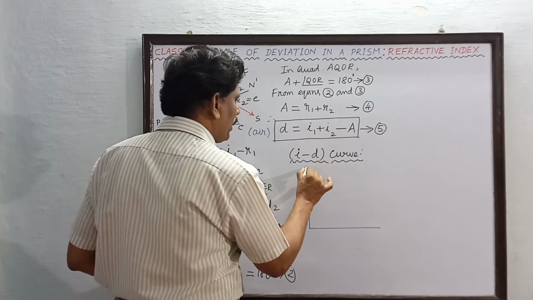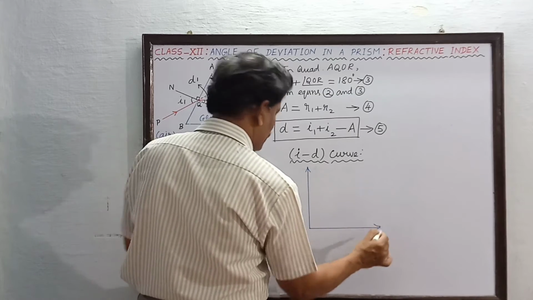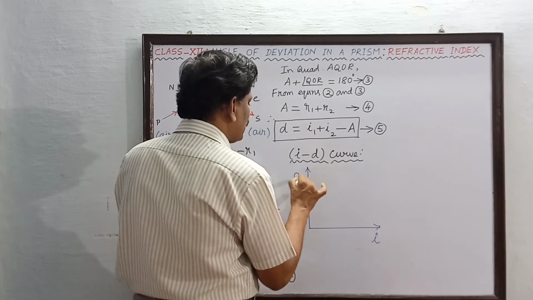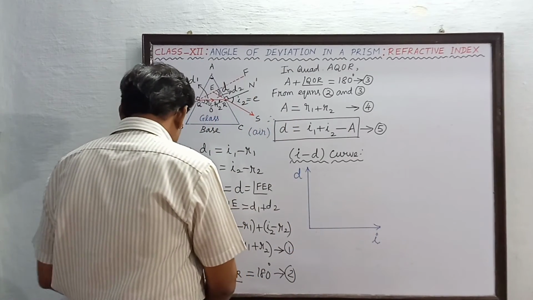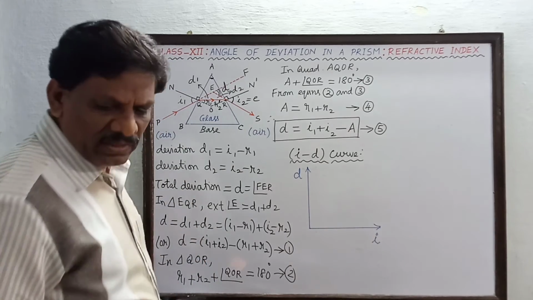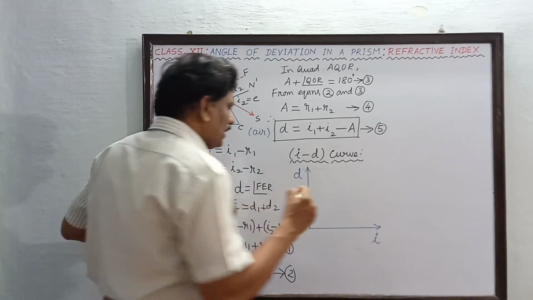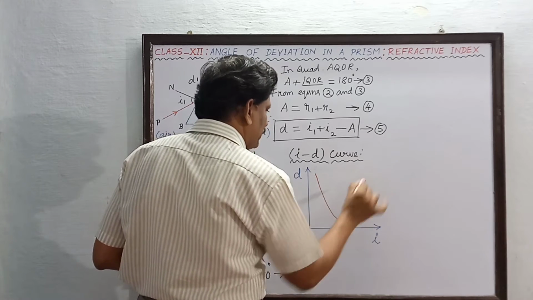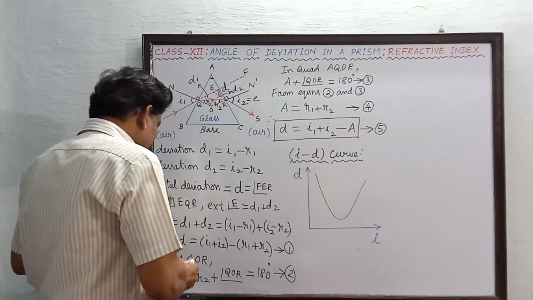So this is the plot of a graph between the angle of incidence and angle of deviation. If you plot a graph, you will see that the nature of the graph will be like this.